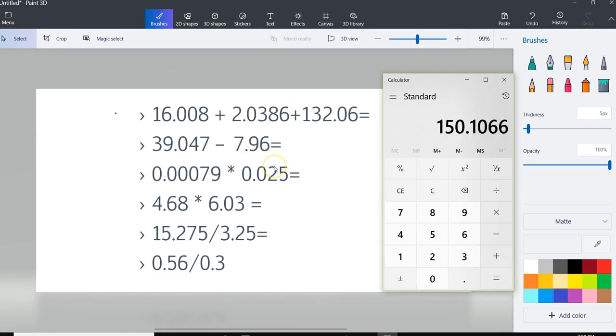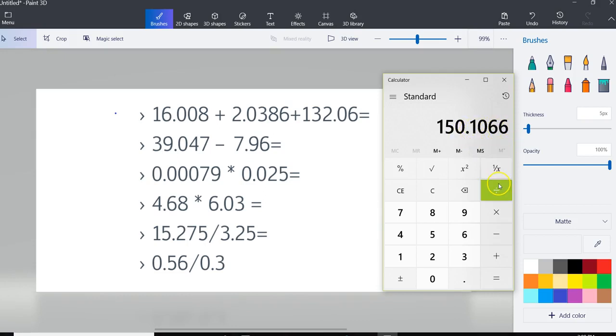The answer will be 150.1066. As you can see, in the first number, there were 3 digits after the decimal, then 1, 2, 3, 4 on the second one, and 2 on the third one. So it is normal to get some digits after the decimal point.